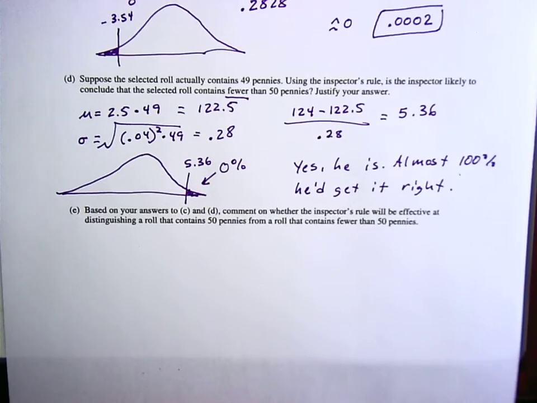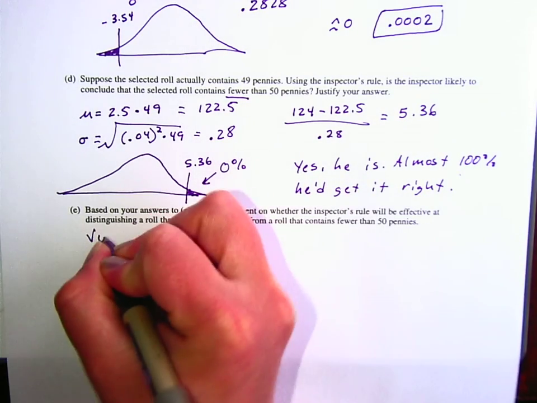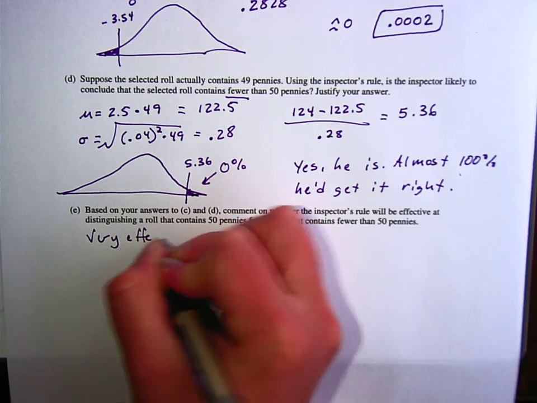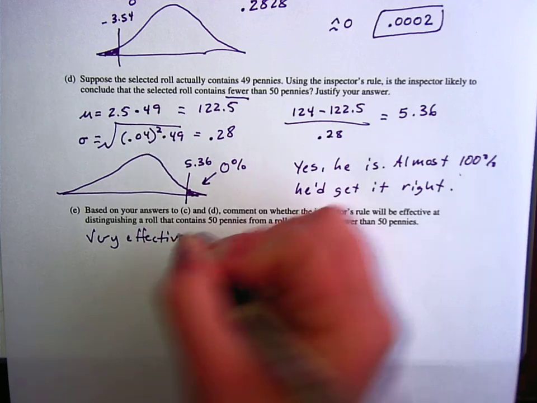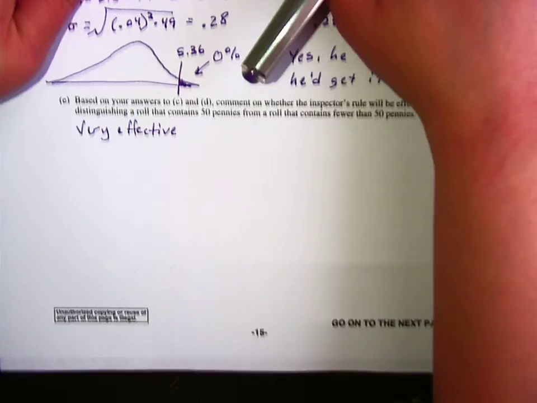Okay, and then we're going to go down to E for the last problem. It says, based on your answers to C and D, comment on whether the inspector's rule will be effective. Yeah, it will be. It'll be very effective. And it says that we need to comment on C and D, so I'm going to do that.